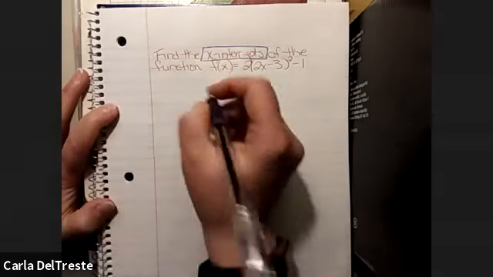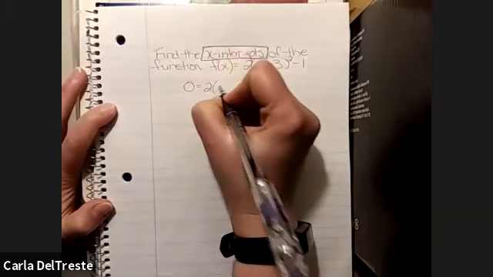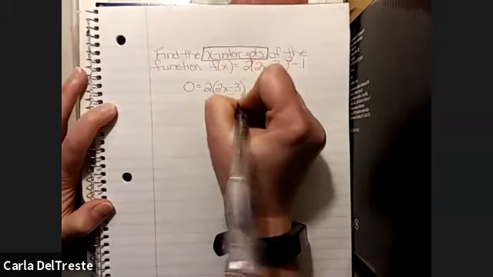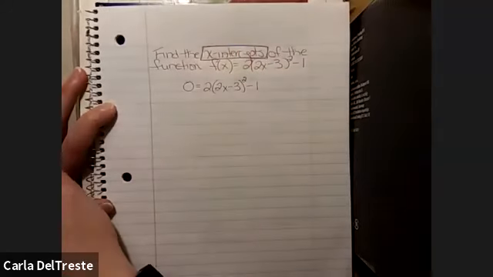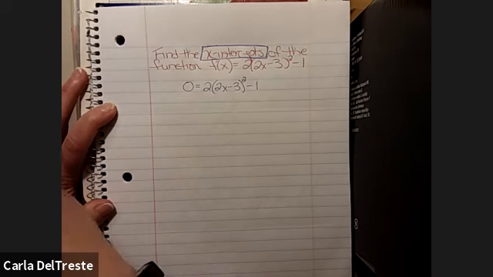So what they're asking me to solve is 0 equals 2 times (2x minus 3) squared minus 1. So that's the first thing that the x-intercept word is telling me to do. Okay, so just seeing that in the problem tells me that I have to set y equal to 0.